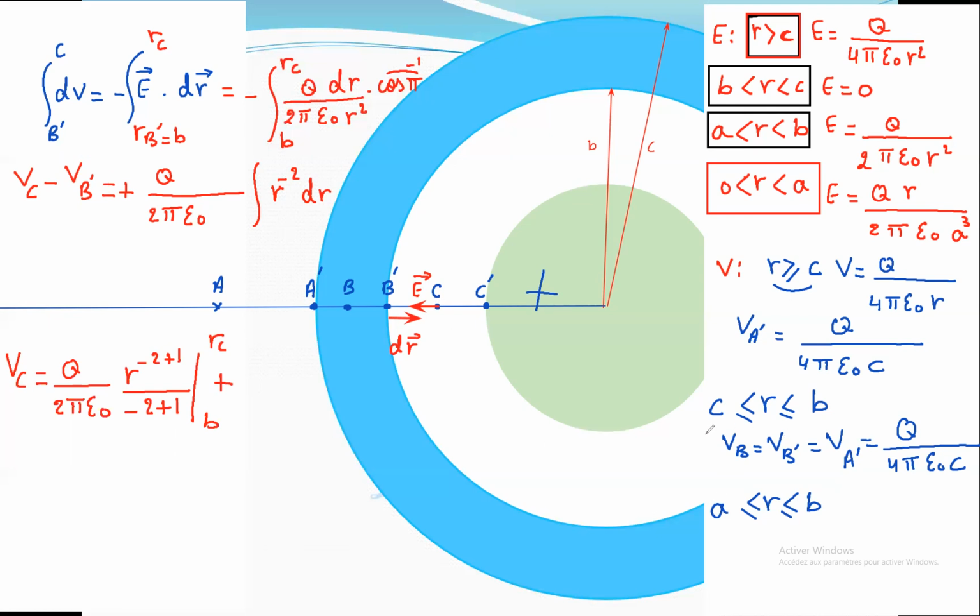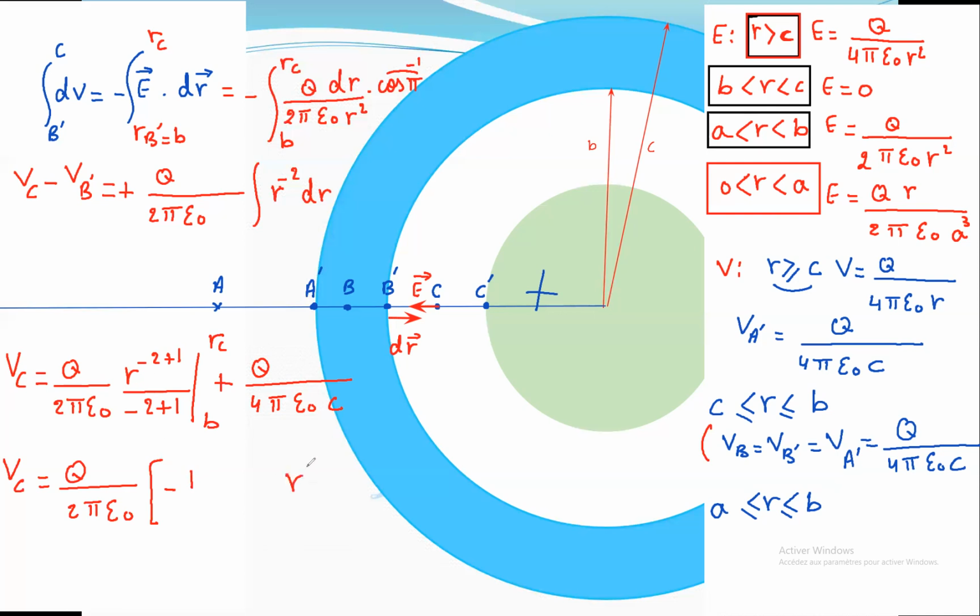VB prime is calculated here, equals Q divided by 4 pi epsilon 0 C. VC equals Q over 2 pi epsilon 0, minus 2 plus 1 equals minus 1.